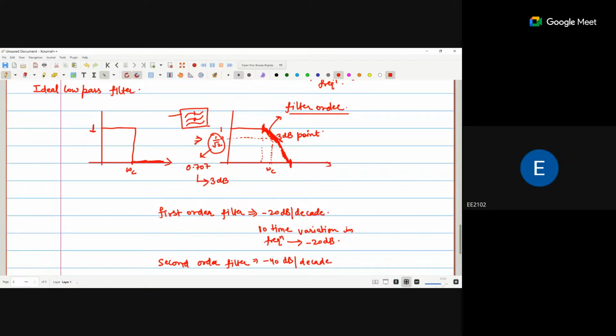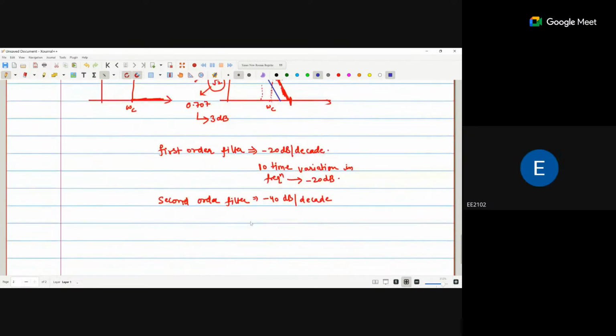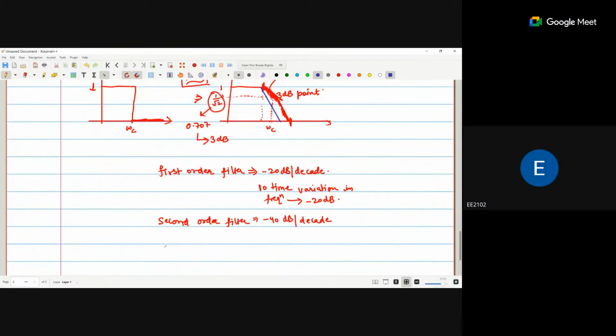So that means the slope is a little bit faster. Okay, if we go with the third order, the slope is minus 60 dB per decade. The slope is a little bit more faster.